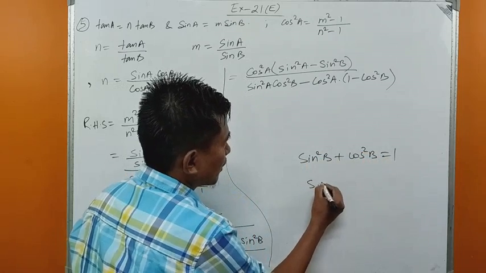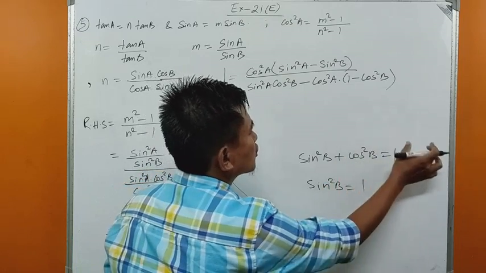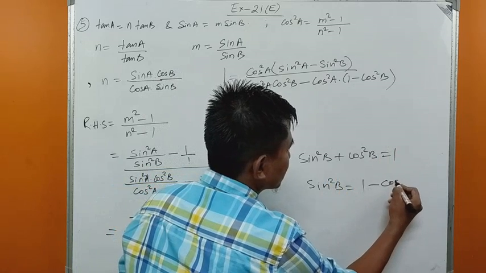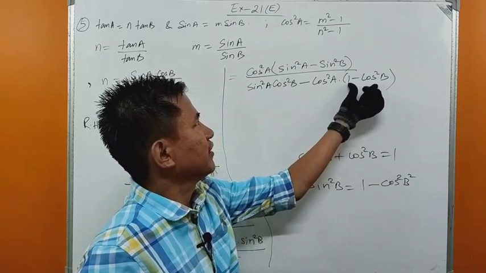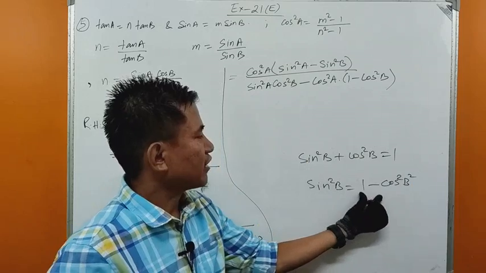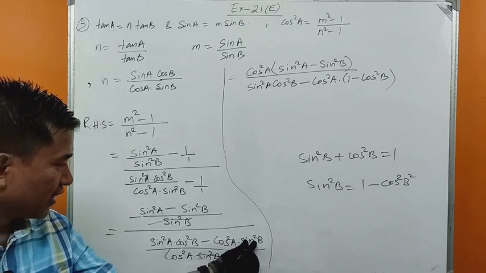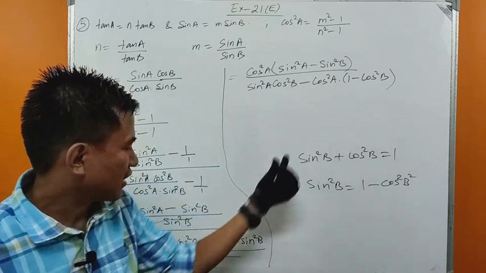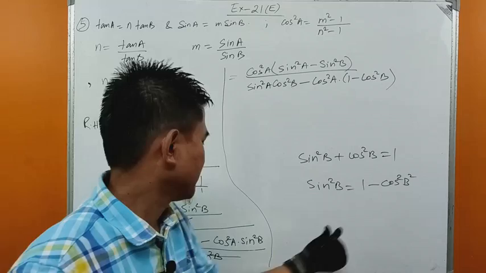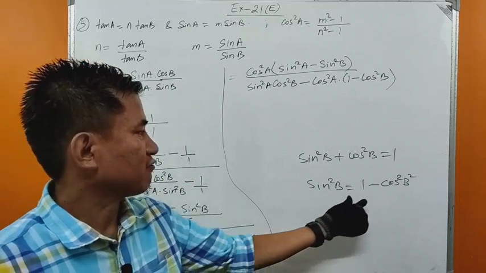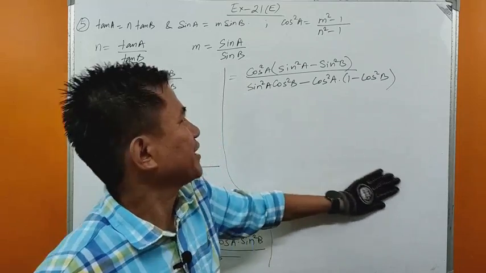So sin square B can be written as 1 remains here, and plus cos square B goes to the right hand side and becomes minus cos square B. So instead of sin square B you can write 1 minus cos square B. Here we have cos square A into sin square B, so instead of this sin square B, I can write 1 minus cos square B. I hope you are getting me.